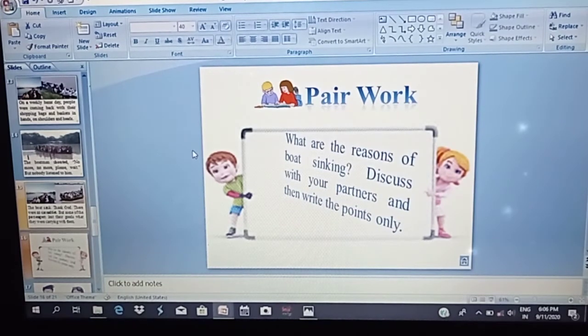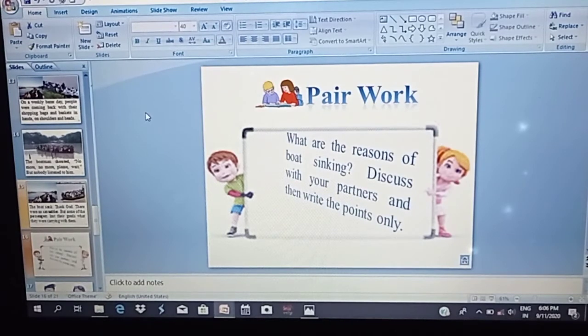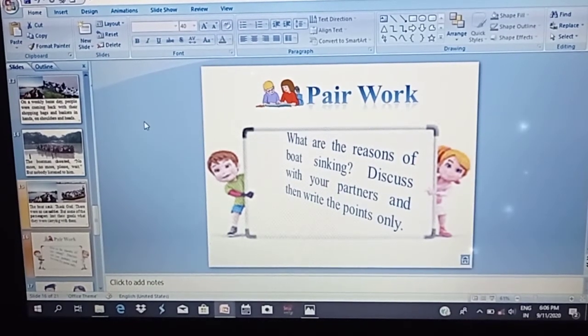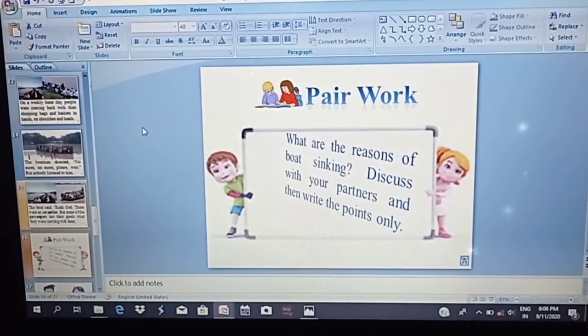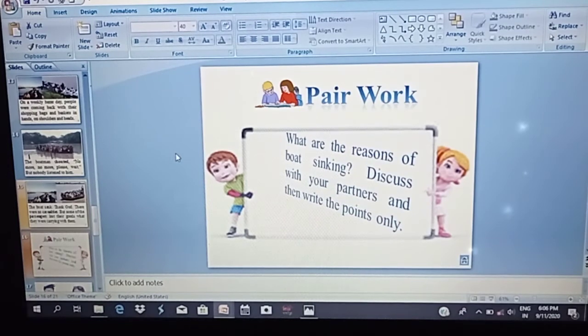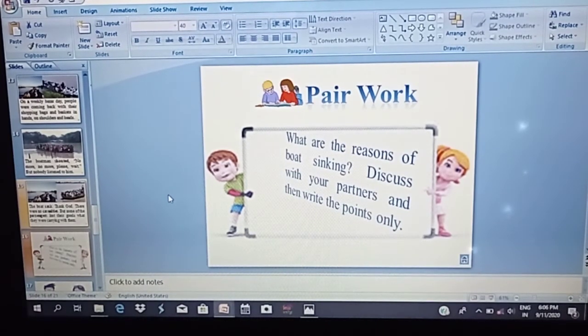So I think you have no problems with this passage, word meaning or translation, or any kind of difficulty. But if you feel any kind of difficulty or problem, you will ask me and you will leave your comment in the comment box. Okay.